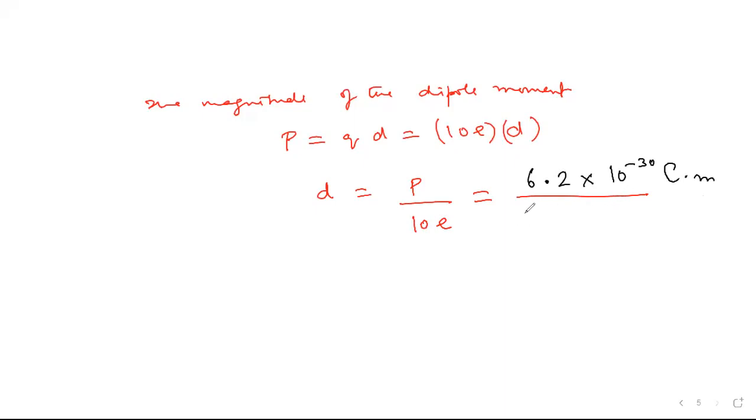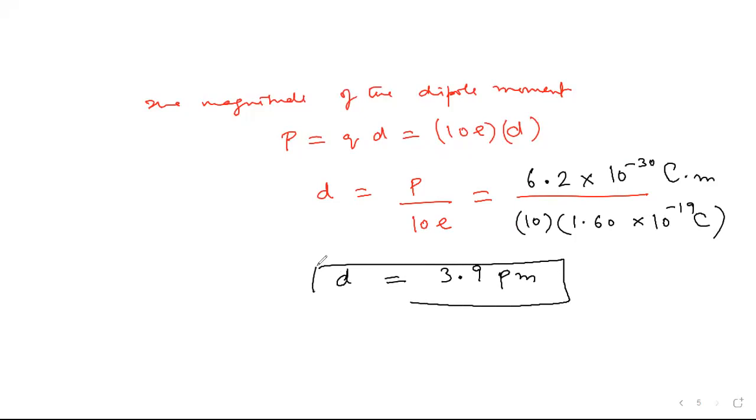Then we divide by 10 times the elementary charge, which is 1.60 into 10 raised to the power minus 19 coulomb. When we do the calculation, this turns out to be 3.9 picometer.